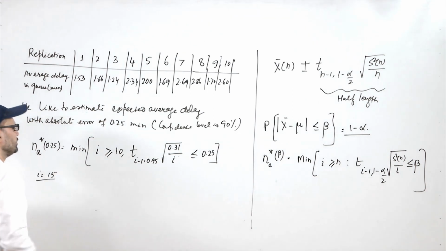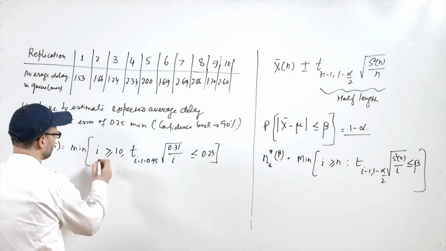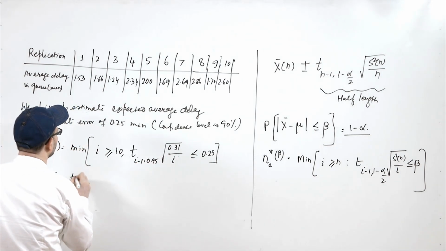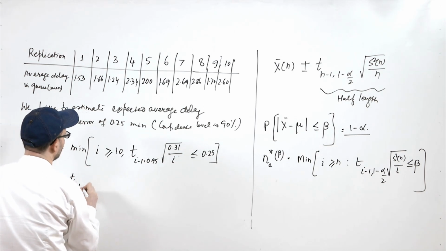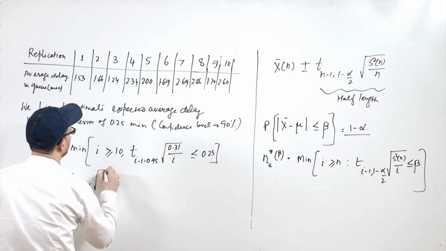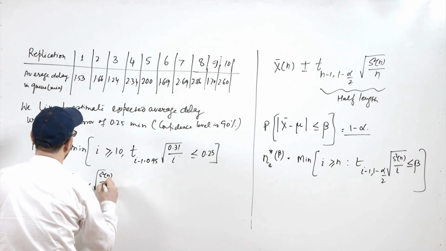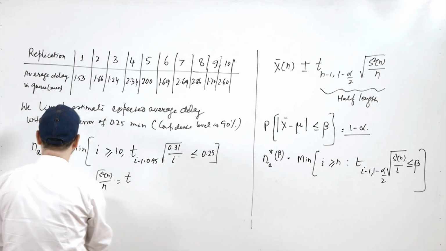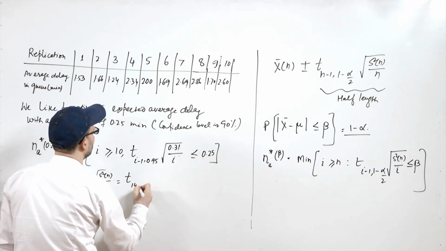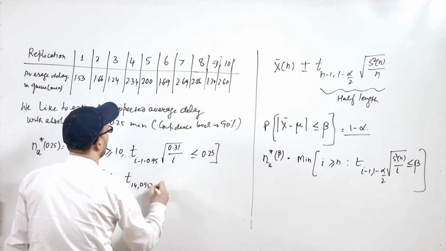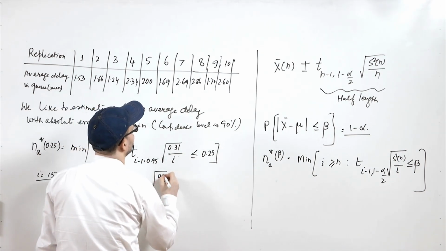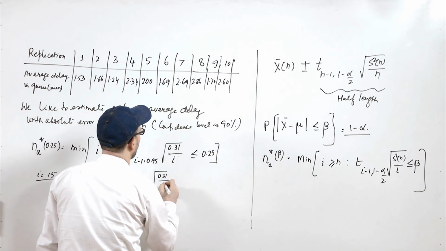So, what will happen at i equal to 15, this value will be t_{i-1, 1-alpha/2} times the square root of s squared n by n, that will be basically equal to t_{14, 0.95} times the square root of s squared n by n. So, that is 0.31 by 15.